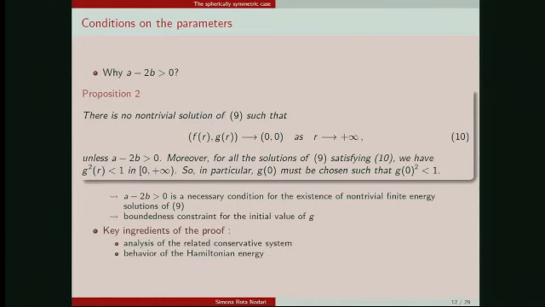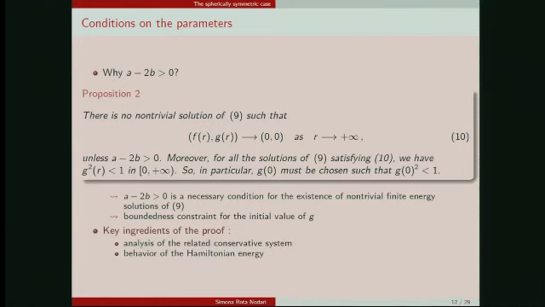And this system is a Hamiltonian system where the Hamiltonian energy is defined by this expression, where I call F the part of the energy that depends only on G. By a straightforward calculation, we obtain this lemma, which gives the behavior of the Hamiltonian energy when F(x) and G(x) are solutions of the system with initial condition G0.